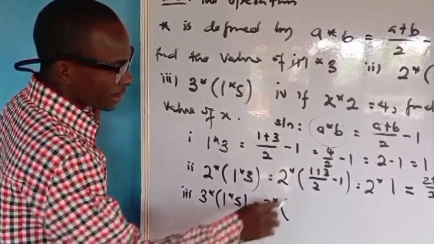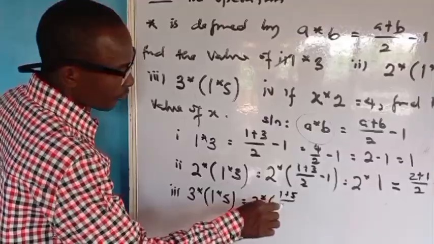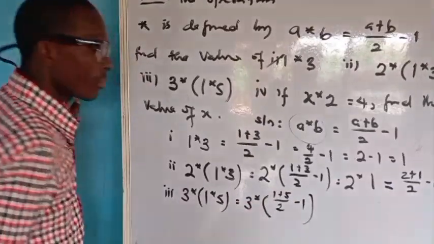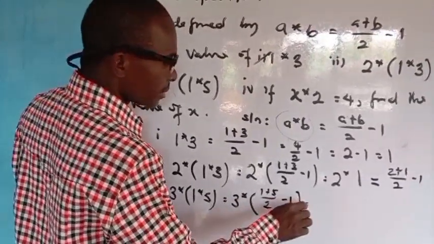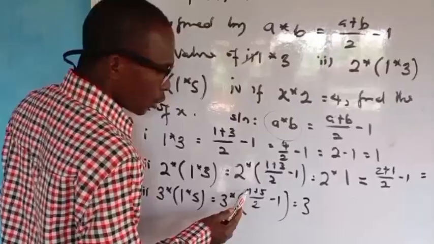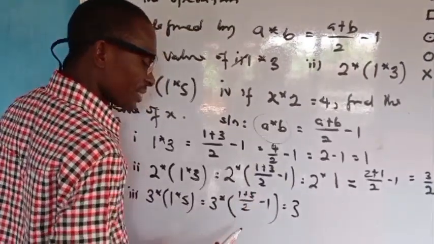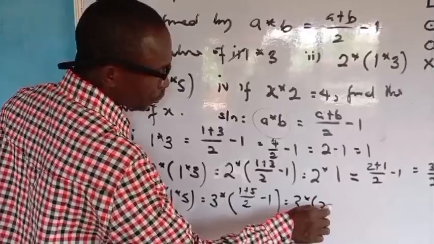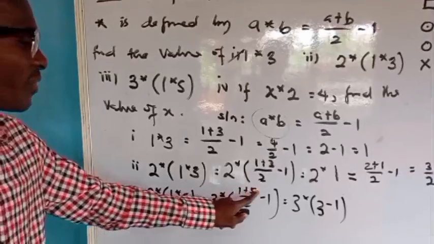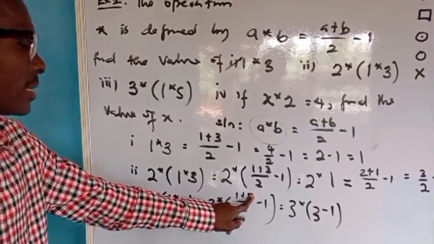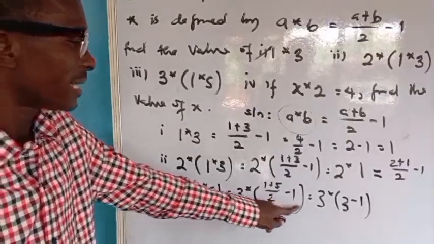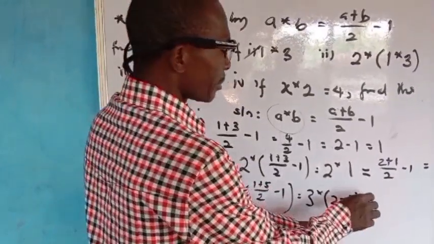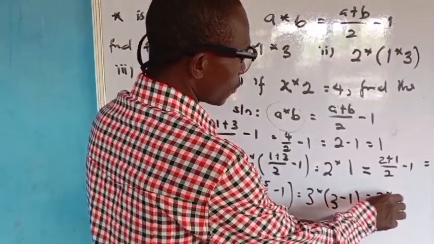We start with the bracket 1 plus 5 over 2 minus 1, just as we have done before. The same thing: 1 plus 5 is 6, divided by 2, it becomes 3 minus 1. Meaning here becomes 3 asterisk what?